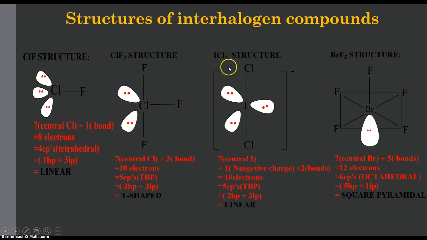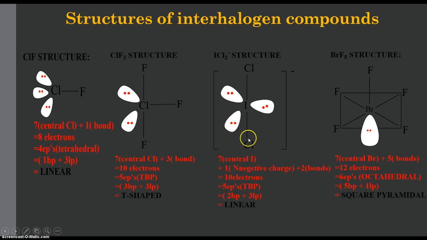Okay, now ICl2 minus. If I consider the central iodine atom as the central atom, iodine has 7 electrons in the valence shell.